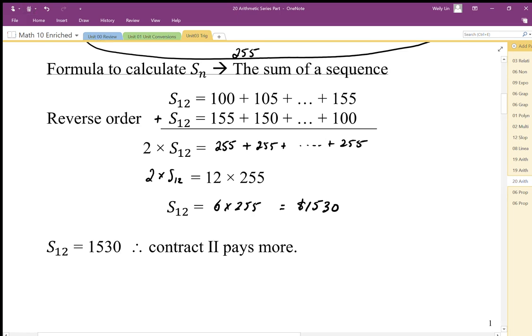I paired up first and last, last and first, and everything in between is really just the same sum as my first term, which I'll call A, and my last term. It gives me a consistent sum of 255. So I must be able to use that sum of the first and last in some way to generate a quicker way to calculate this. In other words, I'm going to come up with a formula.